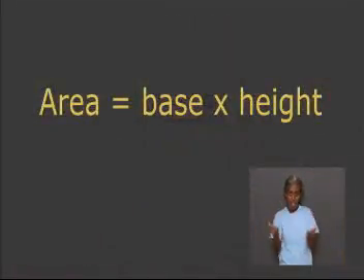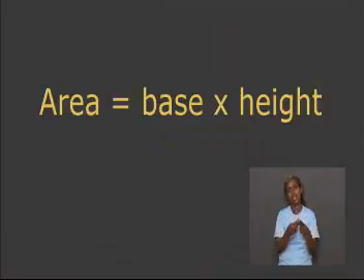Finding the area and volume of prisms is a similar process to the one you just learned for circular cylinders. You already know that area is found by multiplying base times height. For our three-dimensional prisms, we simply add a few steps to this equation.